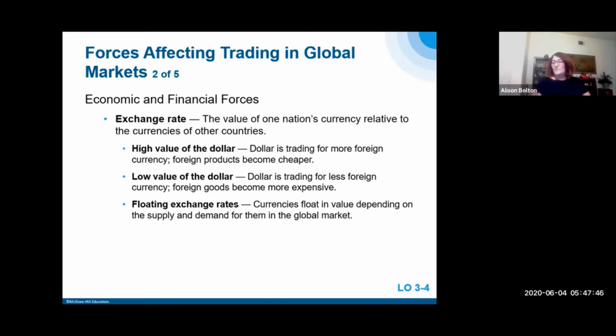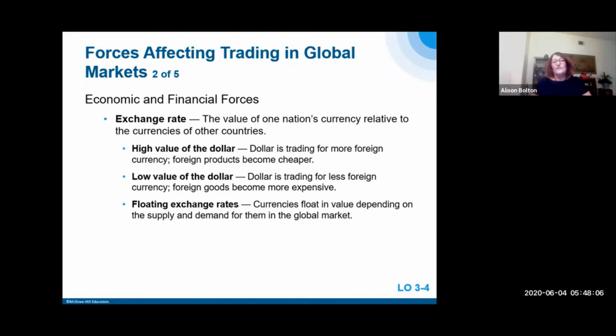Another thing to be concerned about is the exchange rate. You want to know what the value of the dollar is no matter where you're going, and it can change a lot.